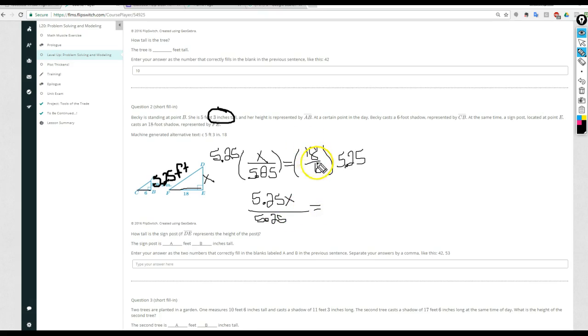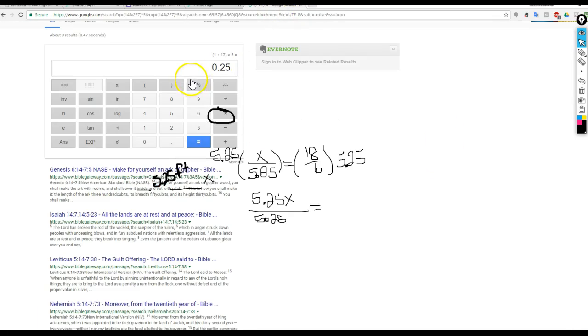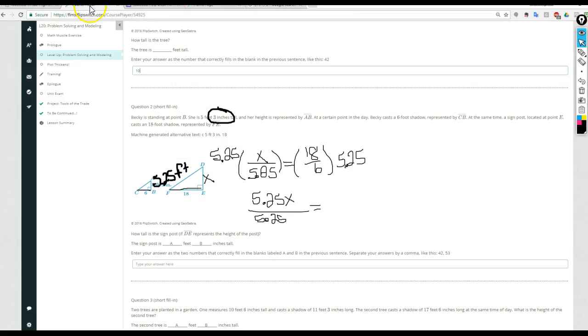And 18 divided by 6 times 5.25 is a number, and I'm going to use my calculator to do it. So parentheses 18 divided by 6, parentheses, times 5.25, is 15.75.